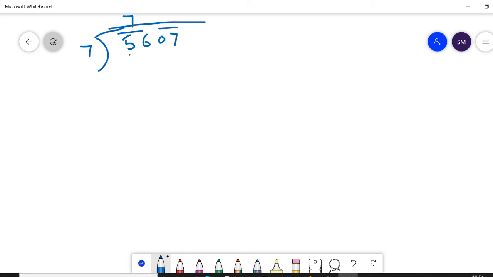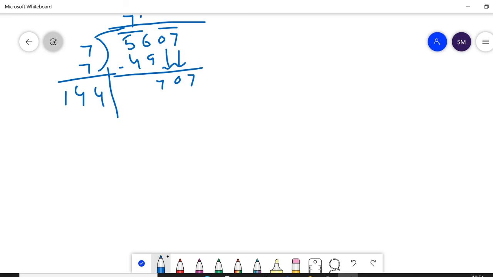7 sevens are 49. You get 707. I have told you before that the number should come down in pair. Then put 144. 4 fours are 16, and you get 576.